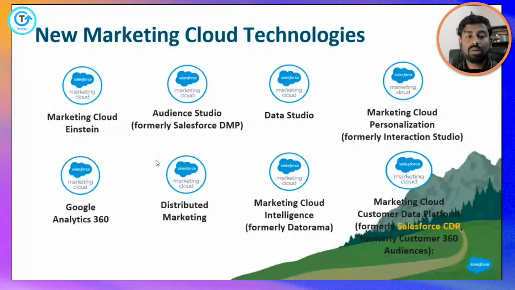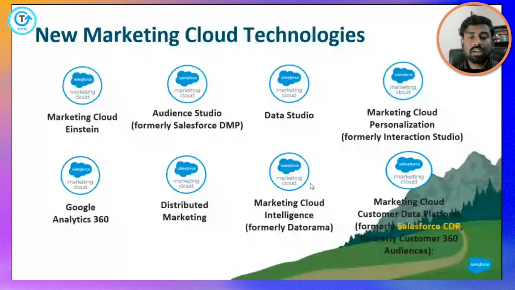Apart from that, Audience Studio is there, formerly called DMP. Data Studio is there. Marketing Cloud Personalization is there. Google Analytics 360 is used to leverage the analytical capability of Google Analytics, and that integration is also there. Distributed marketing, I already discussed in the previous slide. So there you will find a lot of things.